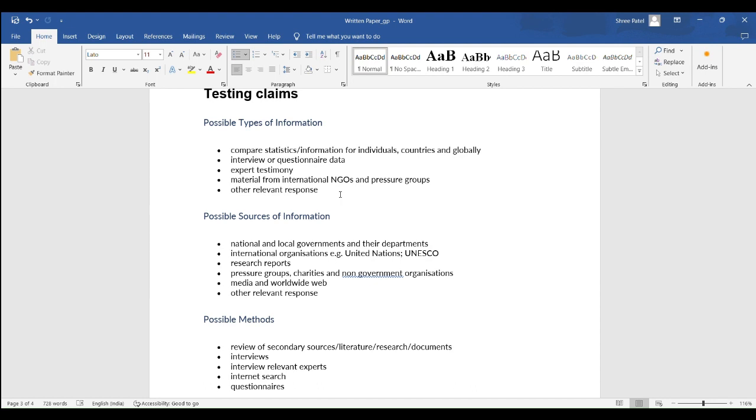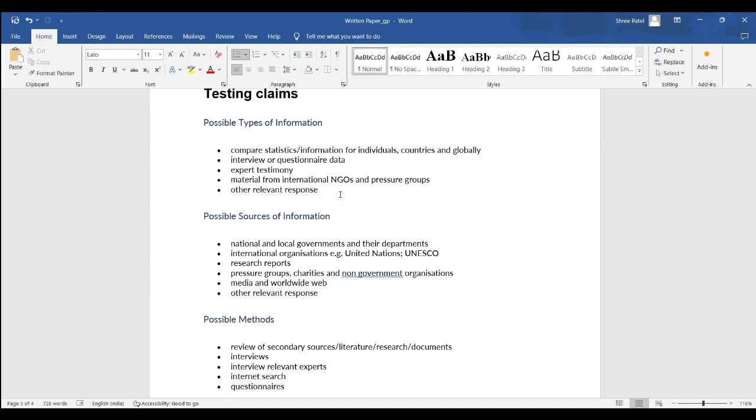Coming further, for possible sources of information, you can use national and local government and department information, international organizations, research reports, pressure groups, charities or non-government organizations, media and the world wide web.